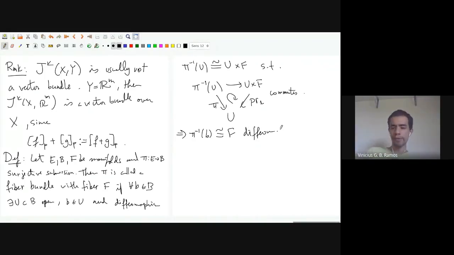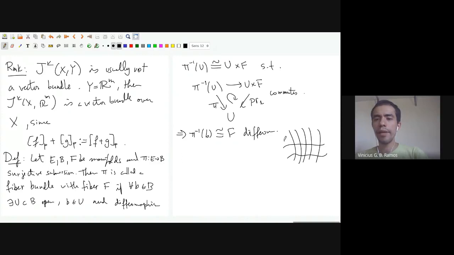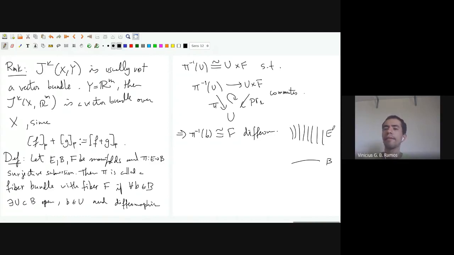So this is very similar to the definition of the vector bundle, except that you don't have the vector space structure on each fiber. So you can kind of draw the same picture. Maybe the best picture is to do something like this. So here's your base, and then here is the fiber bundle, and you project like this.